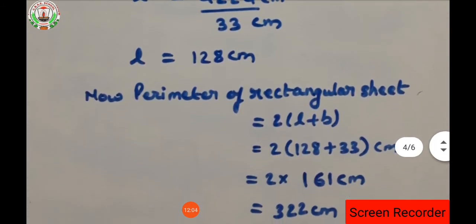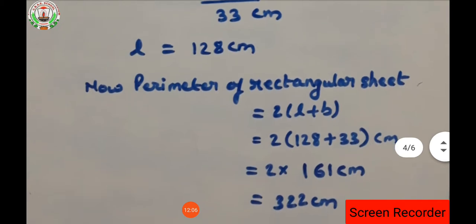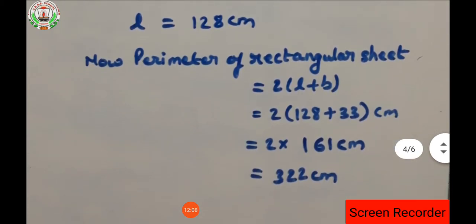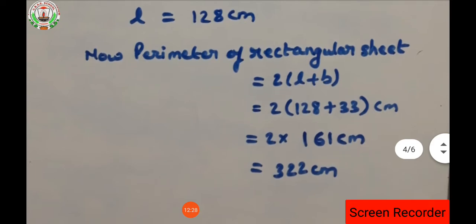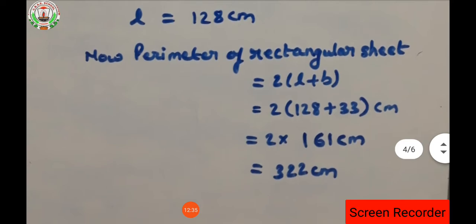Now we have not found the area of the rectangle, we had already found the length of the rectangle, which is 128 centimeter. Now we are going to find the perimeter of the rectangle. Why are we finding the rectangle's perimeter? Since that cylinder is cut along its height, that's why that cylinder makes a rectangle shape.